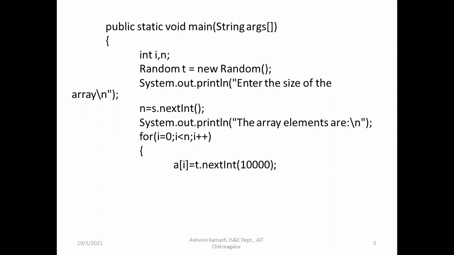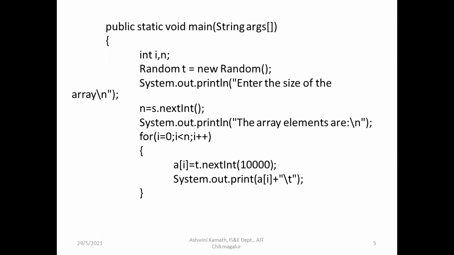So a[i] is equal to t.nextInt(10000). Then System.out.print a[i] plus slash t. The plus operator is an append operator, I told you. So these two will be combined and displayed. The number generated, which is stored in a[i], will be displayed with a tab space.